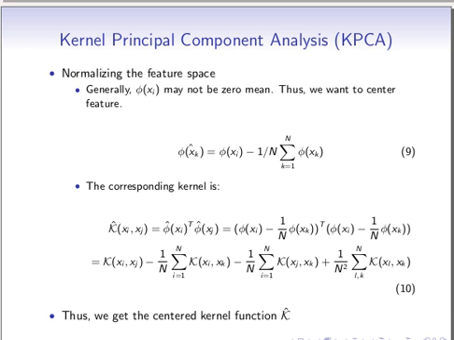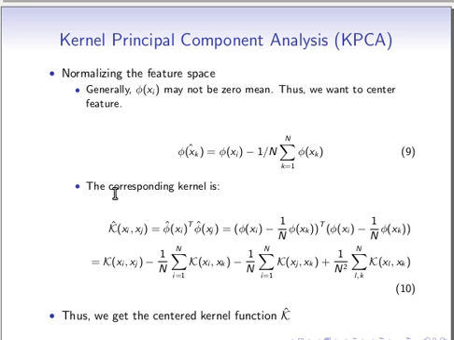In this slide, sometimes the feature vector x may not be zero mean, so we can perform the normalization to center the feature vectors. So we can get the new centered feature vectors by subtracting the mean of the feature vectors.